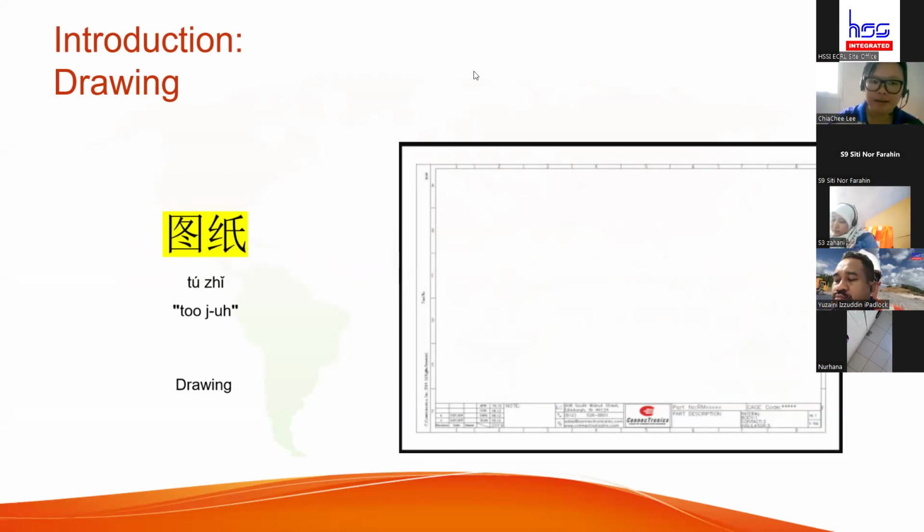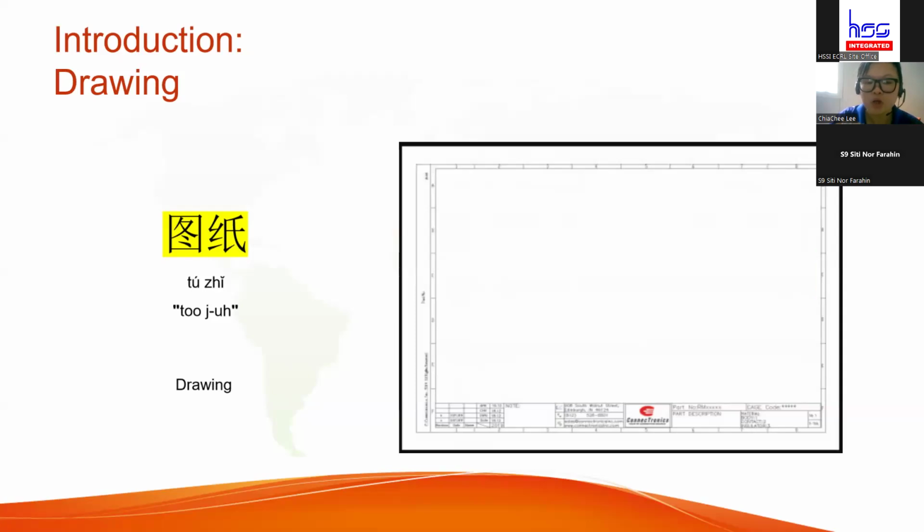So it's called 图纸. 图 is second tone, and 纸 is third tone. Generally, 图纸 is drawing.